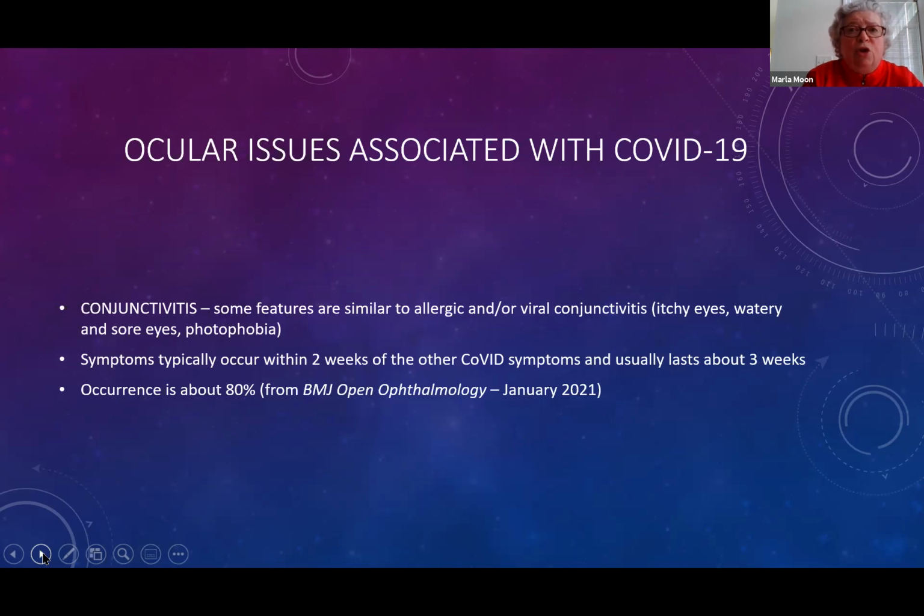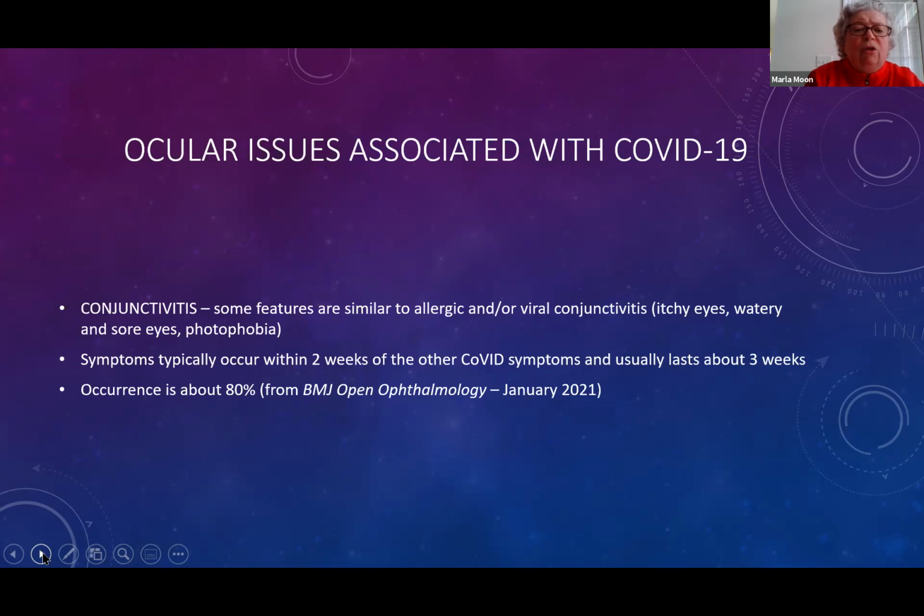Symptoms usually occur within 2 weeks of the other COVID symptoms, and it usually lasts for about 3 weeks. It doesn't leave any damage to the eye in any way. There was a recent article that came out a couple of months ago in the British Journal of Ophthalmology.